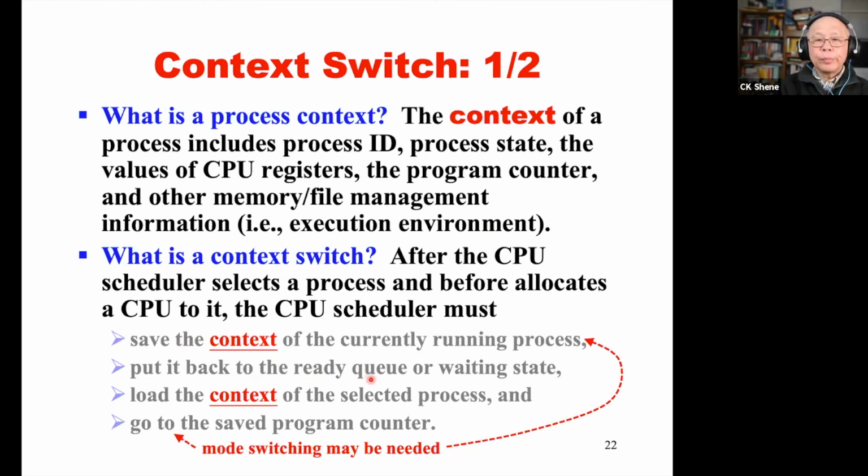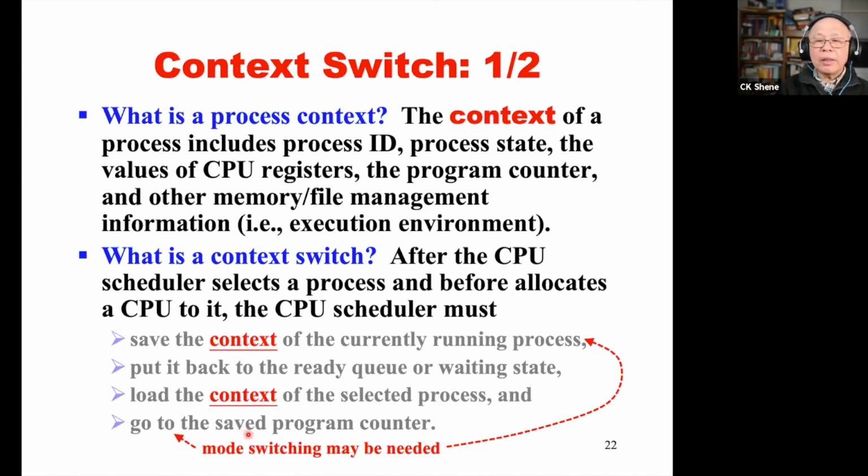Now, remember, saving the context means saving everything we listed and more here. And then you pack up and move out. The next tenant loads the context back of the selected process, including the registers, process state, the PID, program counter, and everything. Now, after loading everything back, we branch to the saved program counter.